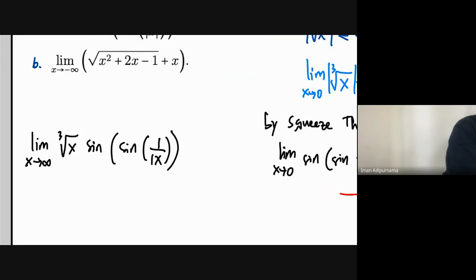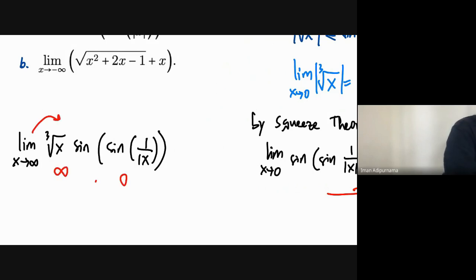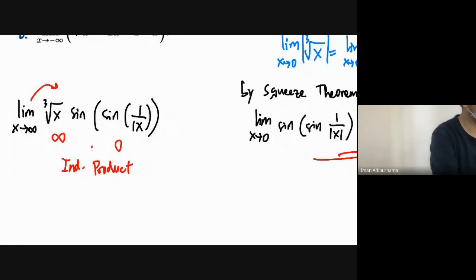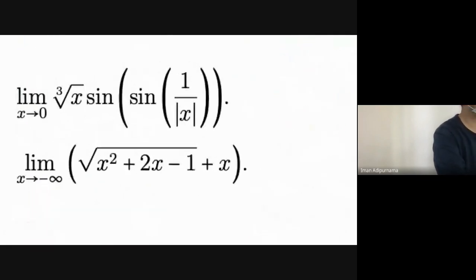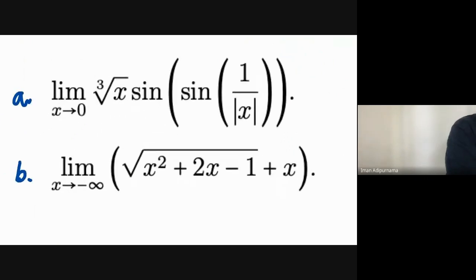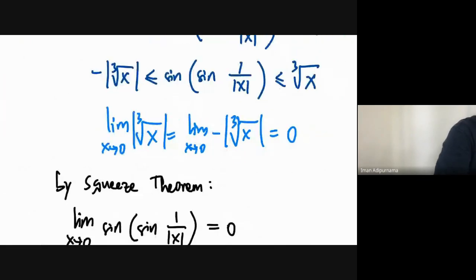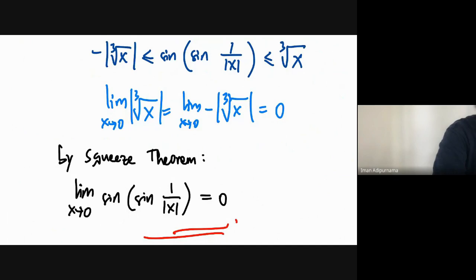If you check, this is infinity, this is 0, so it becomes an indeterminate product. Just by looking at the first question, because it has sine, it has restrictions for its maximum and minimum value, right? So from this structure, it will force the function to go to 0. And the squeeze theorem here is just to prove and confirm that it's going to be 0.